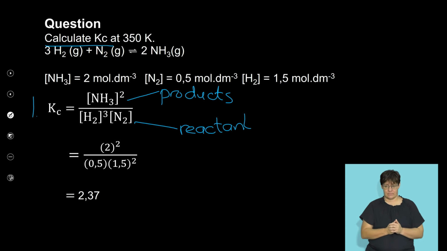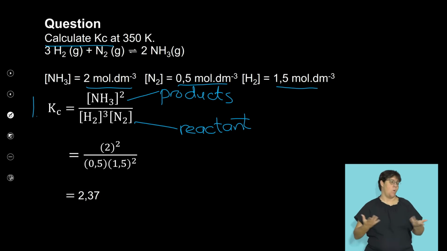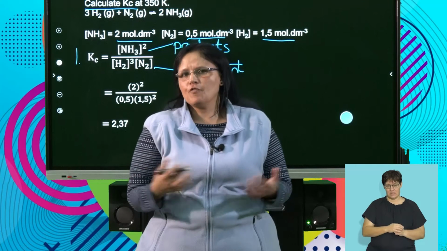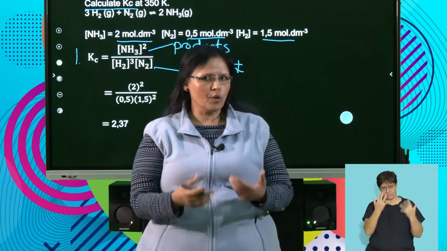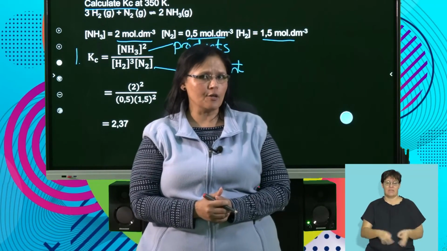For this one, remember, this is our products, and this hydrogen and nitrogen is our reactants. Okay. We were given the concentrations, and because we need to substitute the concentrations, we can substitute what was given to us. There's no need for us to convert it into a concentration or to find out what the volume is. Even if we don't know what the volume of this container is, we can still work out the Kc value.